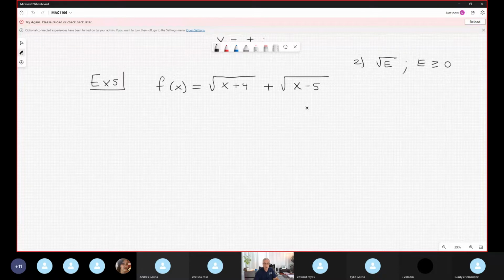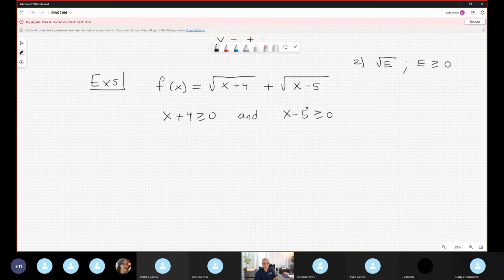But you have to write that. What should I do, Professor? Why don't you take both? x plus 4 greater than or equal to 0, x minus 5 greater than or equal to 0. You take both, and you connect both inequalities with the conjunction and, because you need to satisfy the first and the second, both, simultaneously.